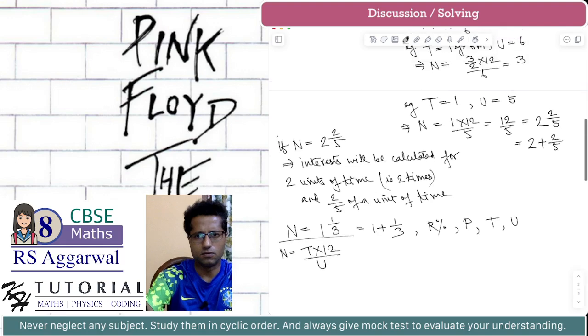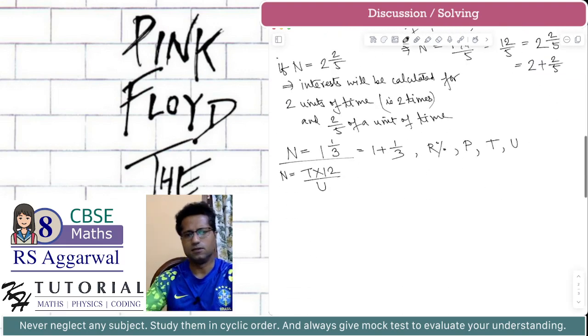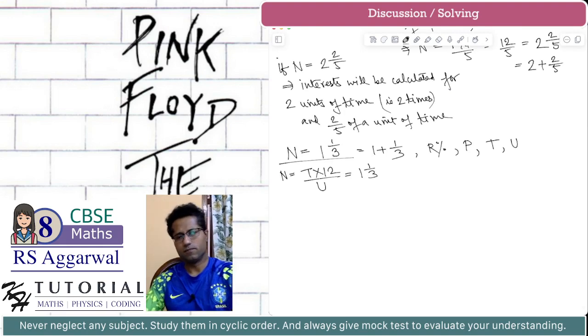I hope this is the formula. Okay, let's say this is coming to be 1 and 1 by 3. So let's try to understand how many times the interest will be calculated.